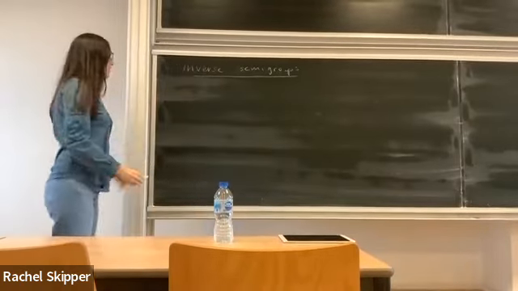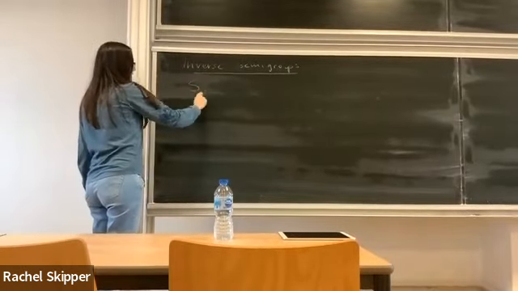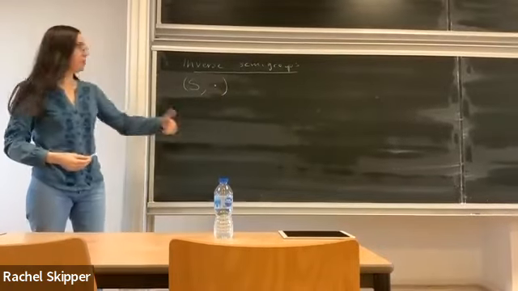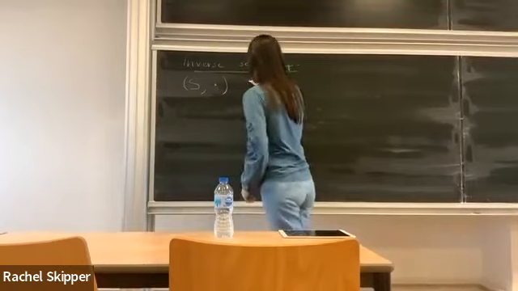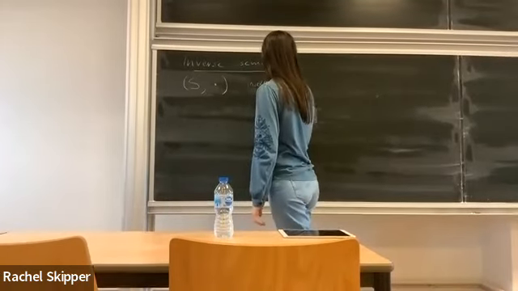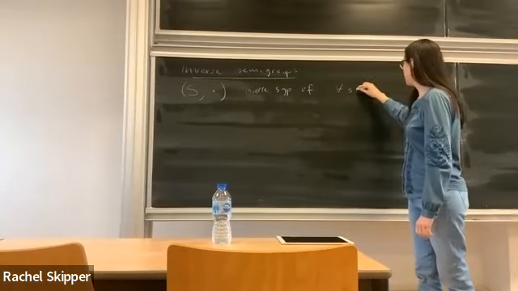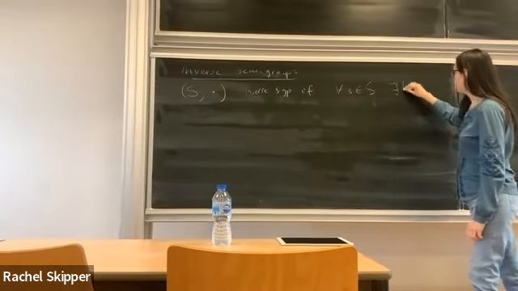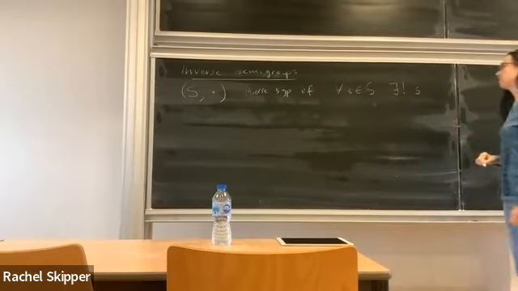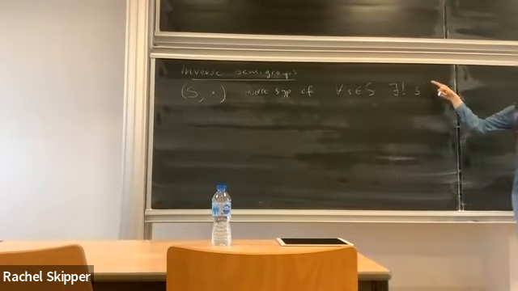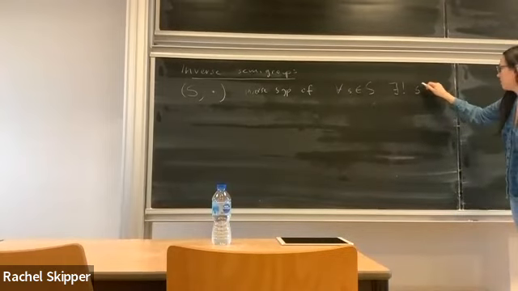So the definition is very simple. If I have a set S equipped with an associative multiplication, so a semigroup, then I call this semigroup an inverse semigroup if every element has a unique inverse, which, in semigroup theory, we would normally denote by S inverse, but I'm actually going to denote it by S star.